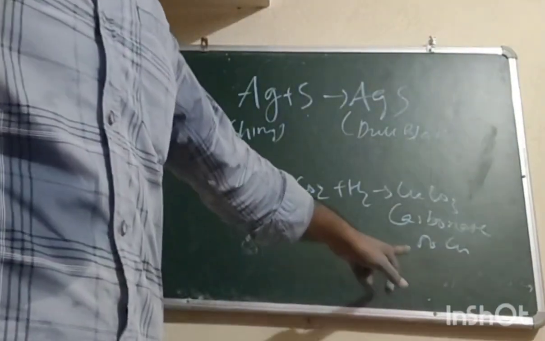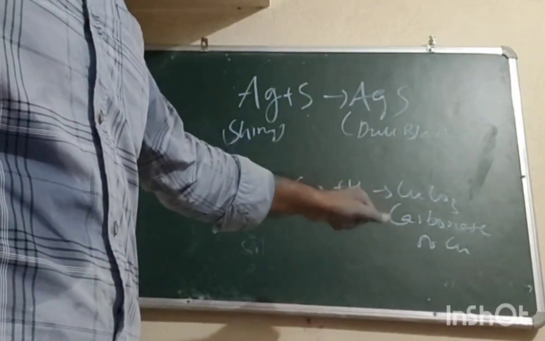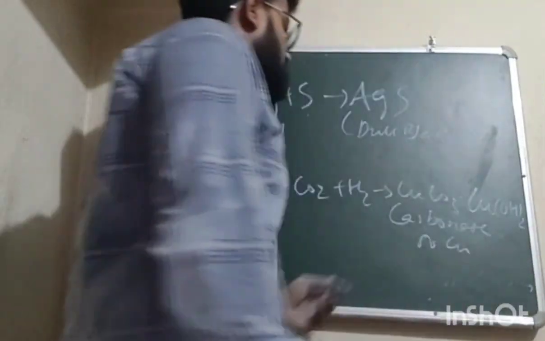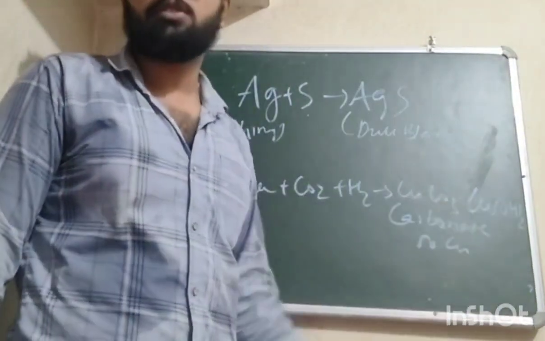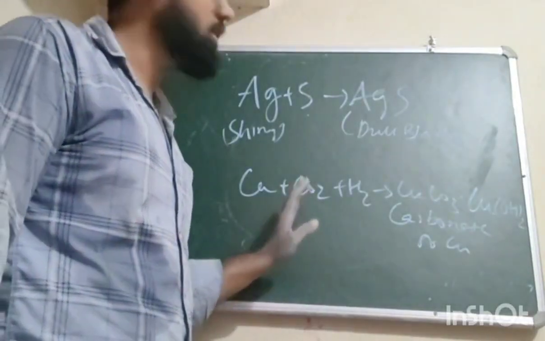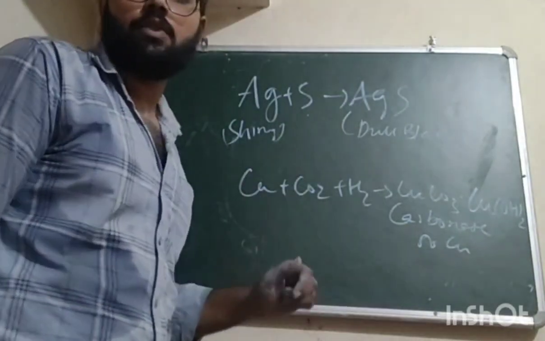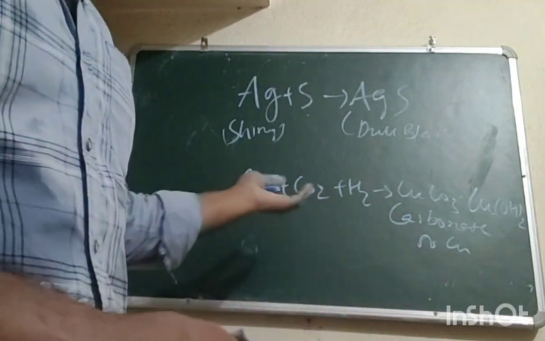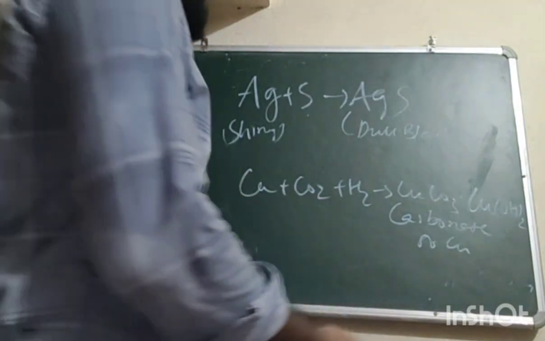This is the carbonate of copper, CuCO3 dot Cu(OH)2. This is the reaction that is involved in the corrosion of copper. So this is the thing that we needed to learn.